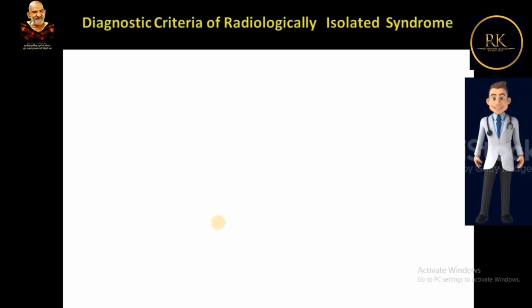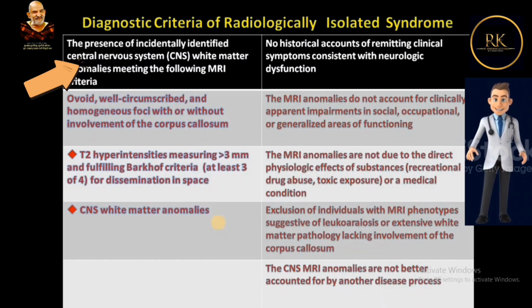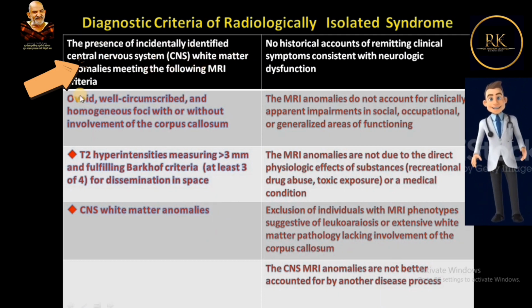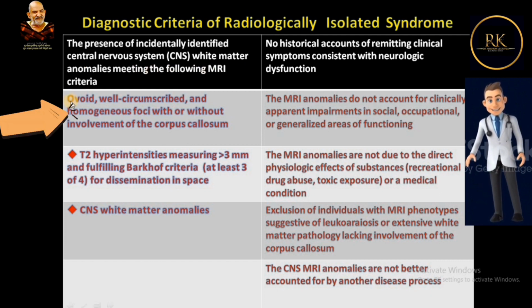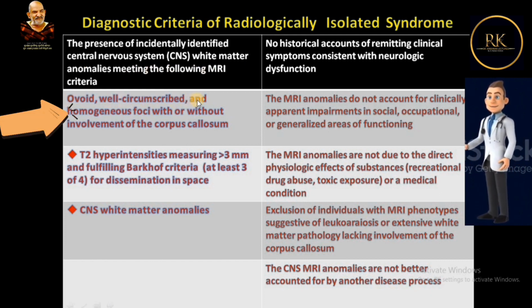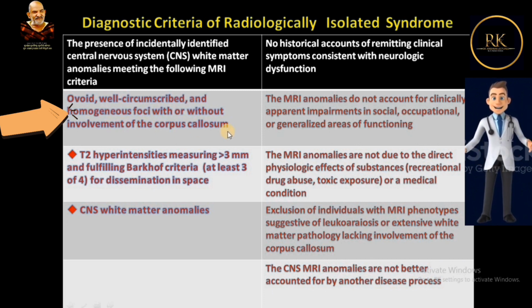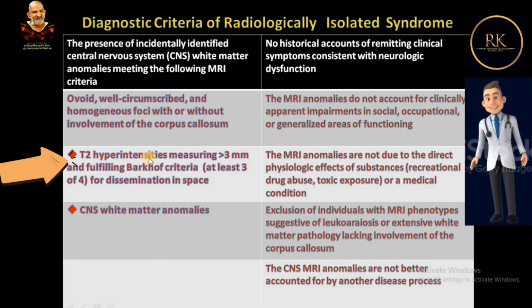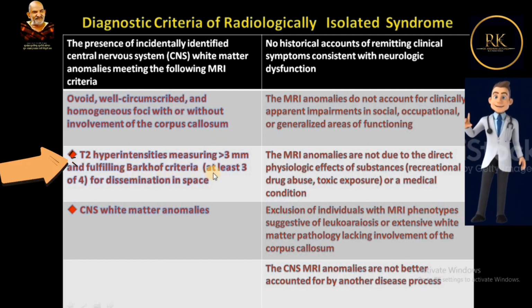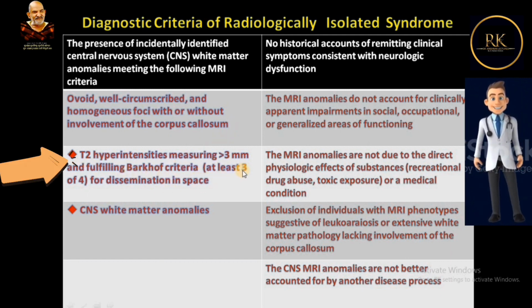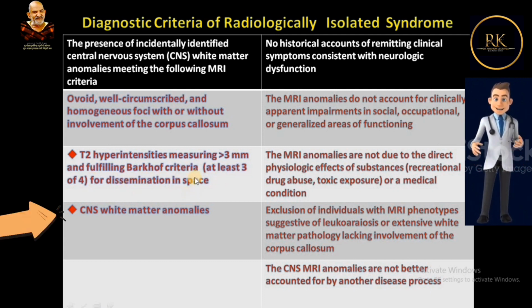It includes presence of incidentally identified CNS white matter anomalies meeting the following MRI criteria: MRI lesions should be oval, well circumscribed, homogeneous foci with or without involvement of the corpus callosum, T2 hyperintensities measuring greater than 3 mm and fulfilling Barkhof criteria, that is at least 3 of the 4 for dissemination in space.